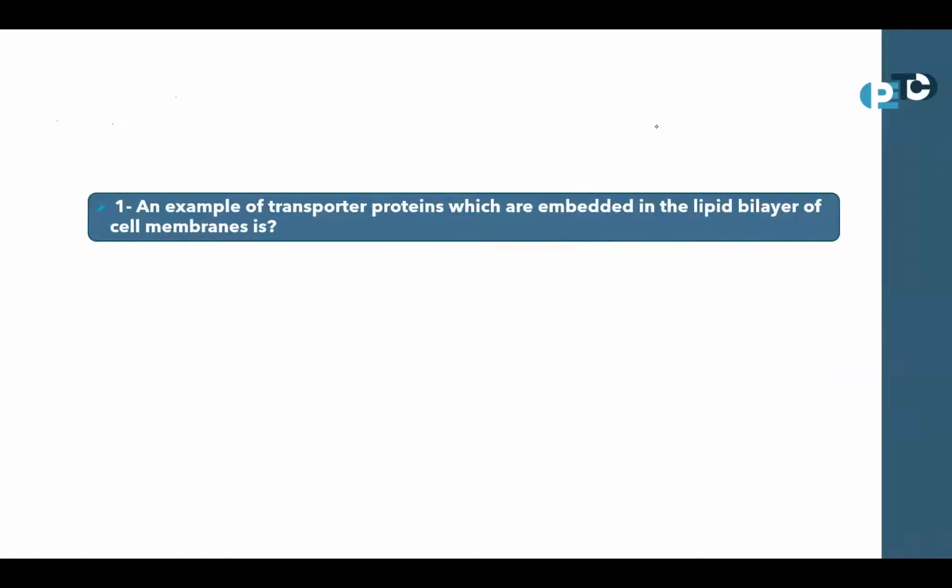The first question today: an example of a transporter protein which is embedded in the lipid bilayer of the cell membrane. Which one? P-glycoprotein, cytochrome 3A4, adenosine triphosphate, or alanine. The transporter protein here is P-glycoprotein. What is the meaning of transporter protein here?